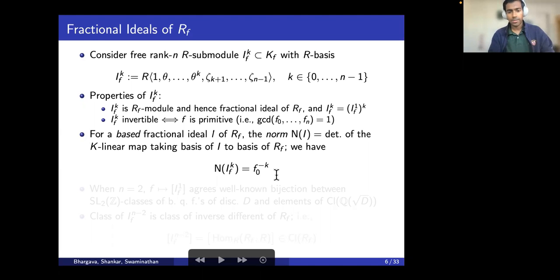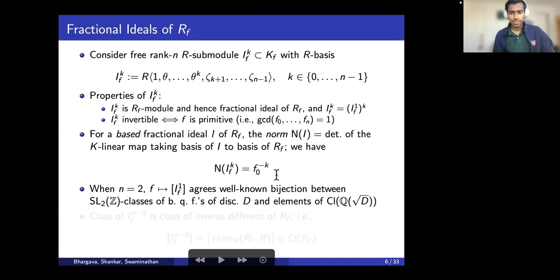So this construction might also seem somewhat arcane, but it should be familiar in some small examples. When n equals 2, the map sending a binary quadratic form to the ideal class of IF1 agrees with the well-known bijection between SL2Z classes of binary quadratic forms of discriminant D and elements of the class group of Q adjoin the square root of D. So in that case, it might be a familiar construction.